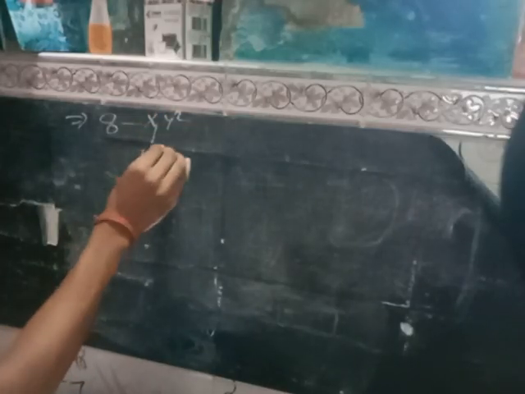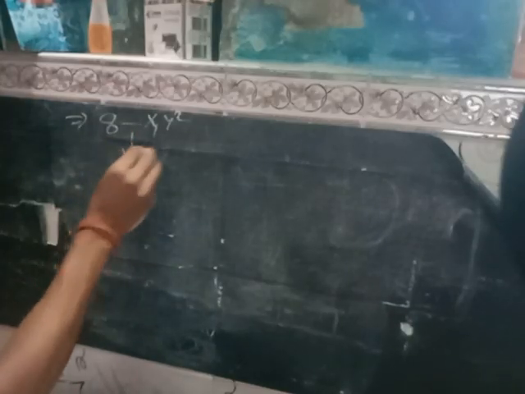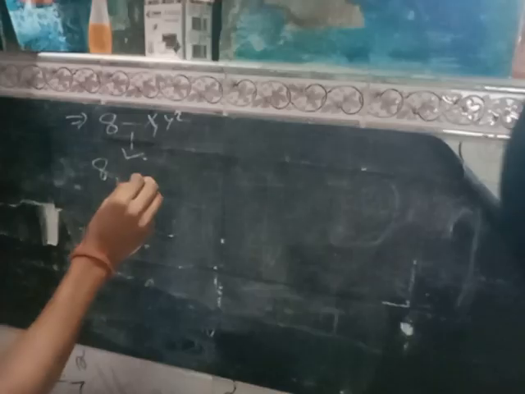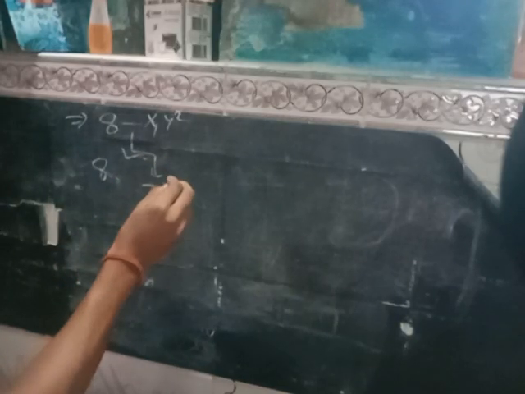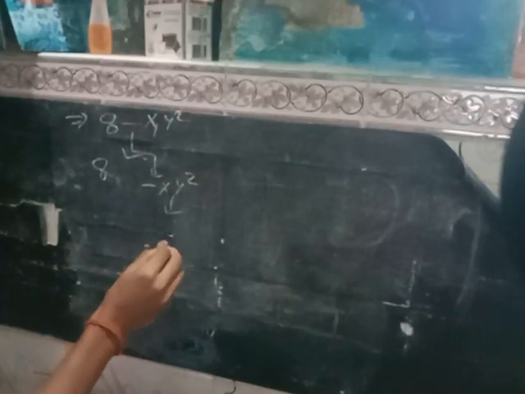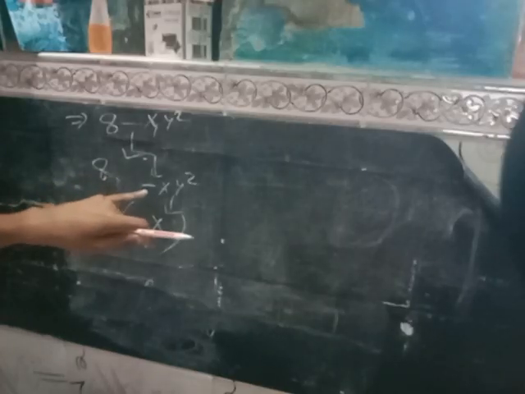The terms will be 8 and minus xy square, and the coefficient of y square will be minus x. So the terms will be 8 and minus xy square. So only a bit of these points.